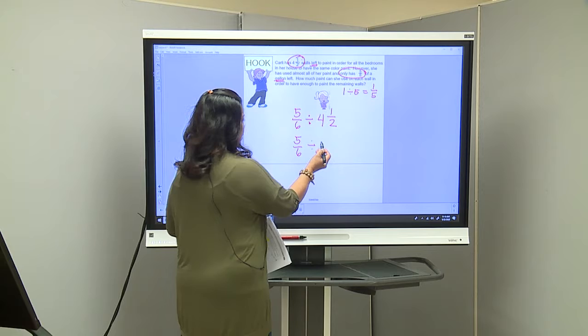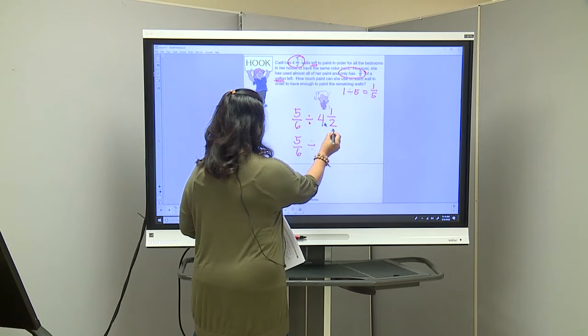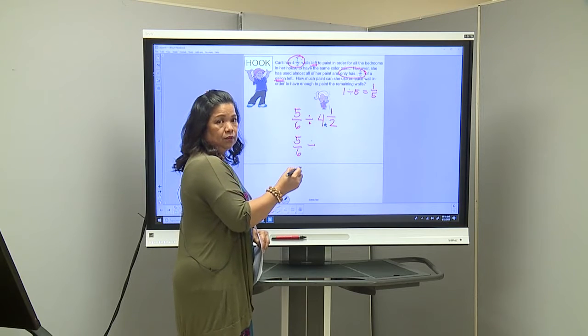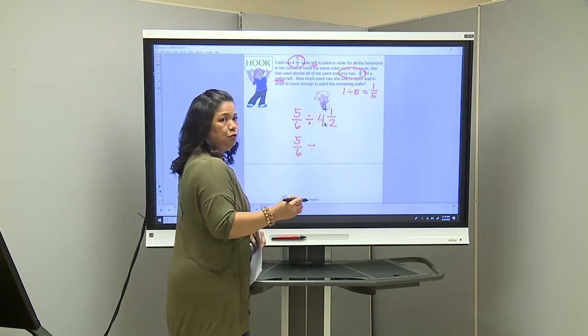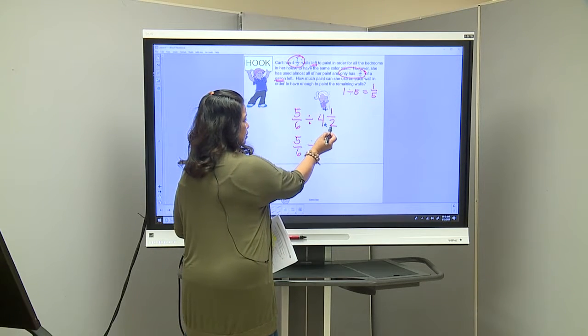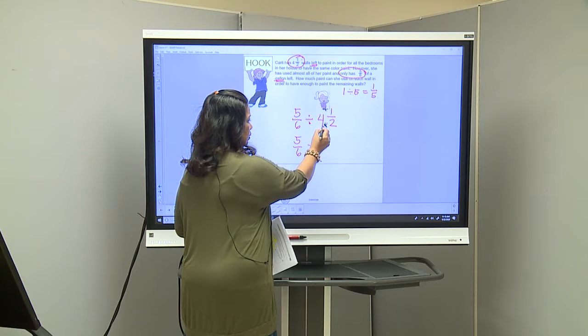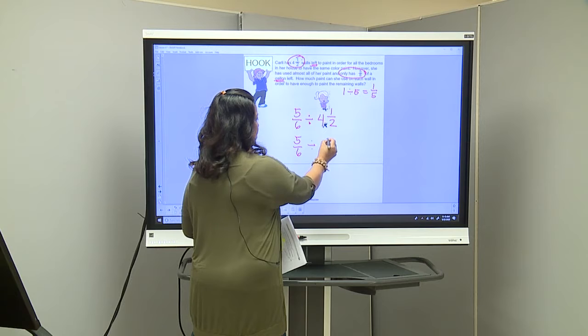Okay, 4.5. Here's what we will do. The denominator times the whole number, 2 times 4 is 8, plus the numerator. Let me say that again. Denominator times the whole number, 2 times 4 is 8, plus 1 is 9.